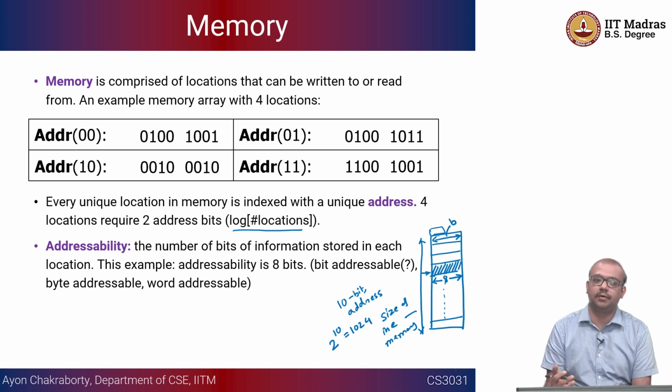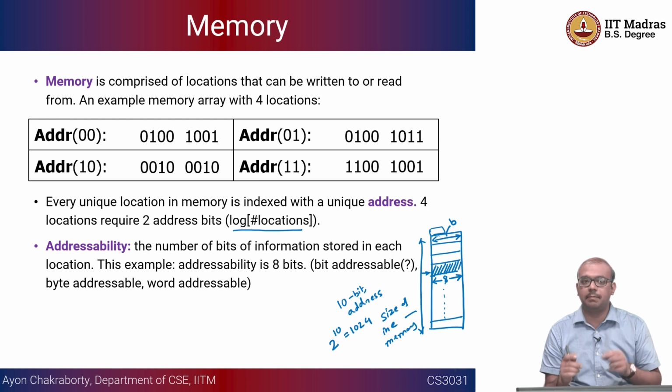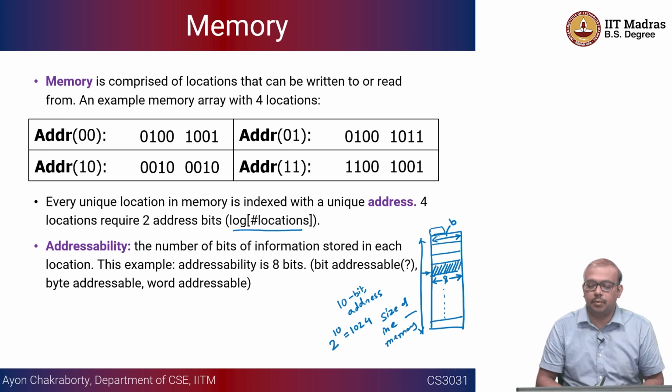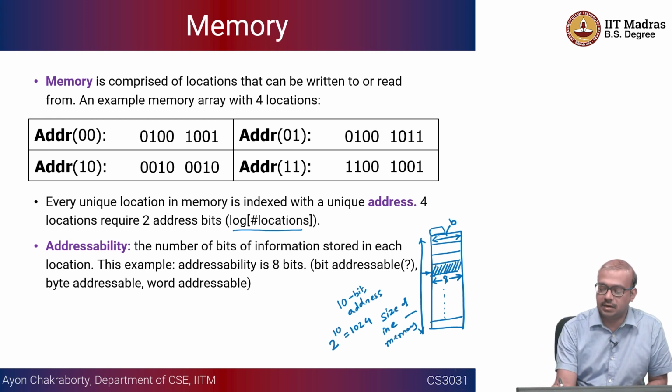So there is always a trade-off whether I want to address 4 bits at a time, 8 bits or 32 bits at a time. In that case, the number of times we are going to issue the address will also decrease. Suppose instead of 8, the size of each memory location is 32.